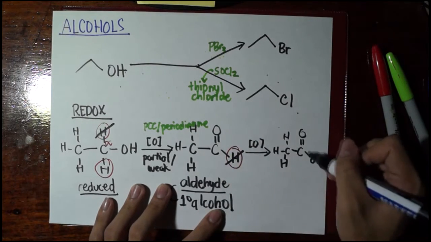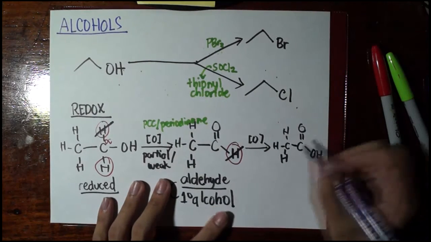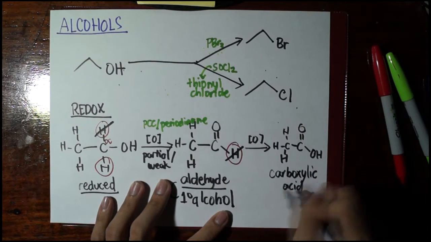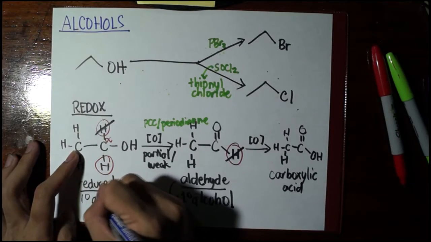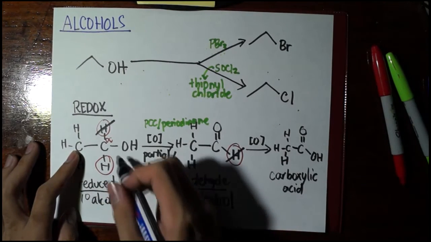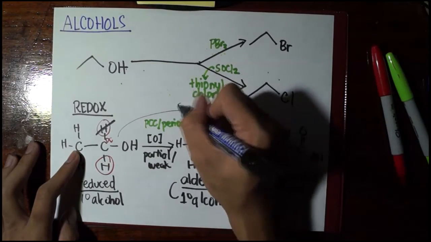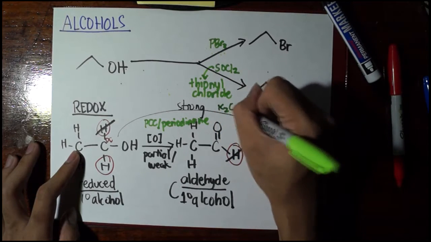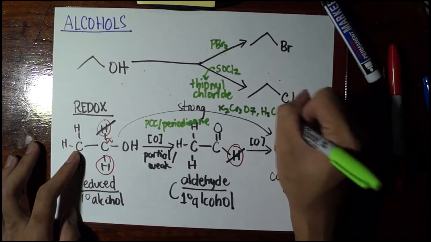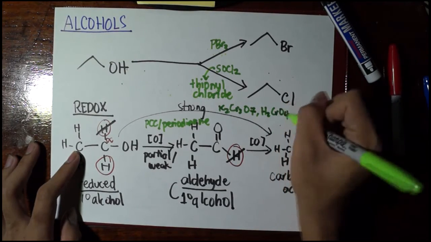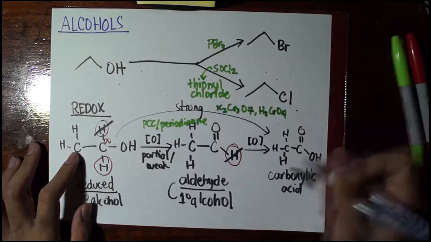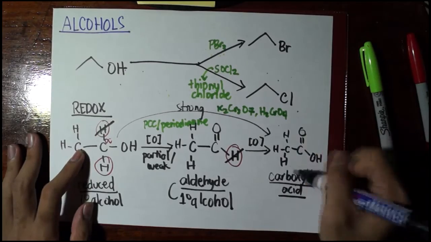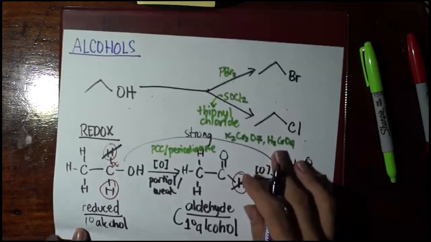We now have a COOH, a carboxyl group, and thus we now produce a carboxylic acid. So from a primary alcohol, if you oxidize it strongly, with the use again of chromium-containing compounds such as potassium dichromate or chromic acid, we will now produce a carboxylic acid, and this is the most oxidized version of the product from a primary alcohol.